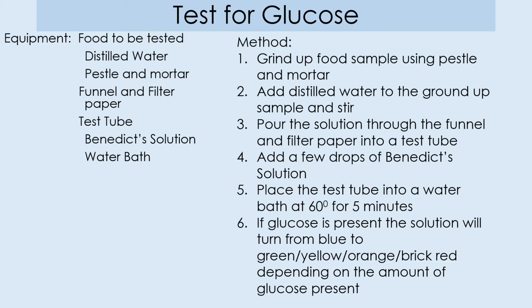Can go higher, we could just boil it as well, but we need to warm it up. It needs to be hot for it to work. If we've got glucose present, it will turn from blue to either green, yellow, orange or brick red. That does effectively depend on the amount of glucose that is present.